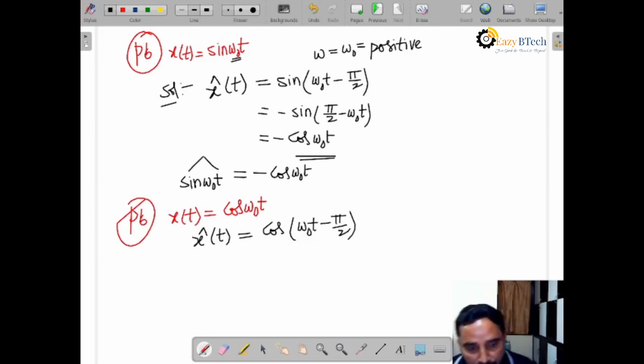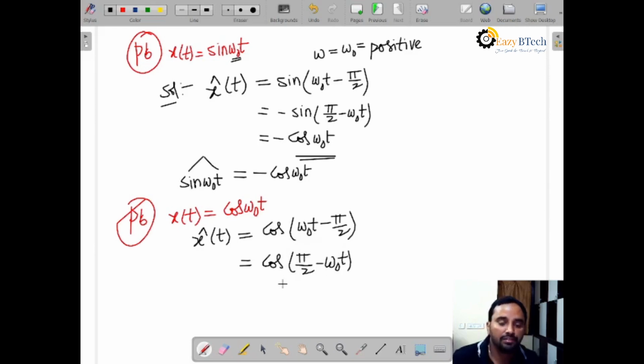Then we can write this as cos of pi by 2 minus omega naught t. Right or not? Then cos of 90 minus theta is sin theta. So sin omega naught t. This is the answer.